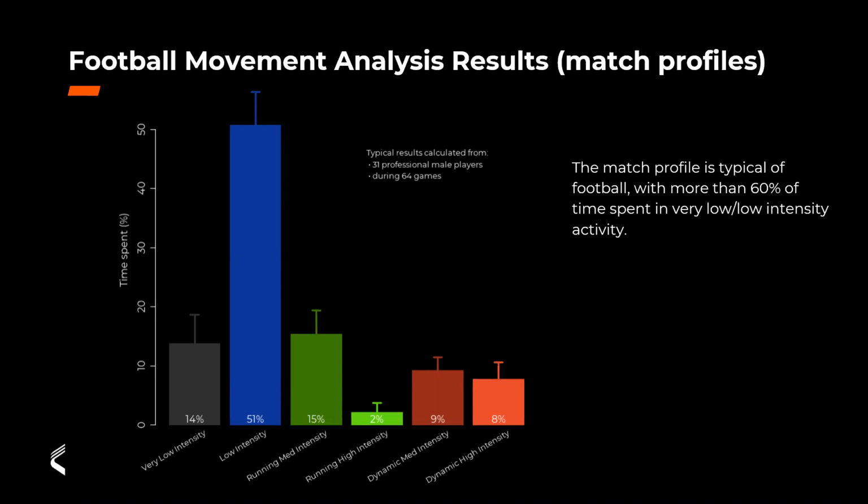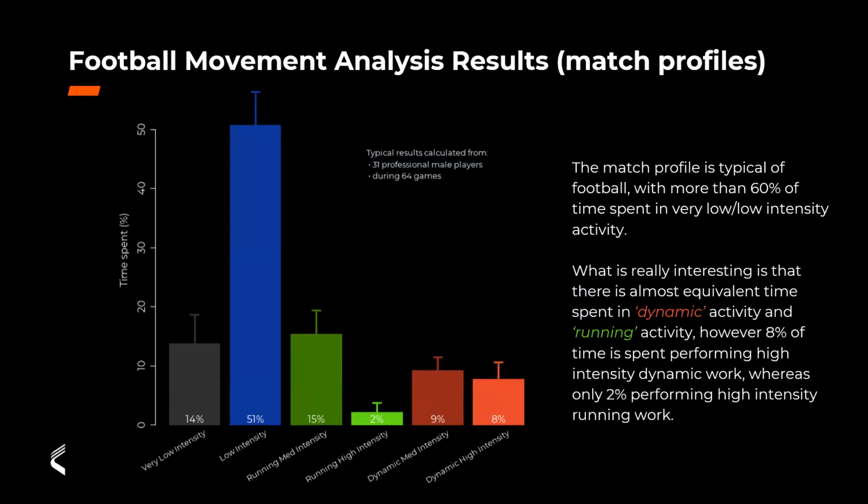The first thing we see is something we know anyway about the way that football is played: close to 65% of the time is spent doing very little, either in low intensity or very low intensity activity. But the remainder of the time is interesting. We've got a roughly equivalent time spent performing either dynamic or linear based activity.